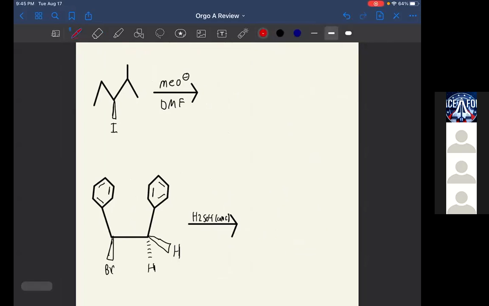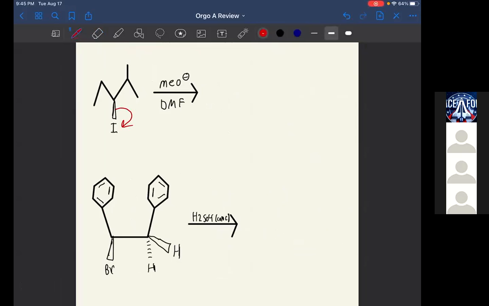So next one, I'm just going to do these kind of fast because I'm late. So MeO negative, a negative charge, and DMF. It's going to be a secondary carbocation. We know once the iodine ionizes off, that leaves us with that secondary carbocation. So once again it's either going to be an SN2 or E2. On secondary with DMF, it's going to be an SN2 because DMF is that aprotic solvent.